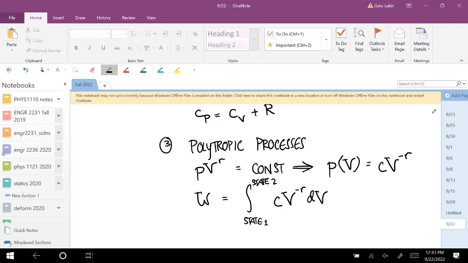So if temperature is constant, then set R equal to 1, and that's the ideal gas law. But there have been a couple of problems in assignments that had that form.